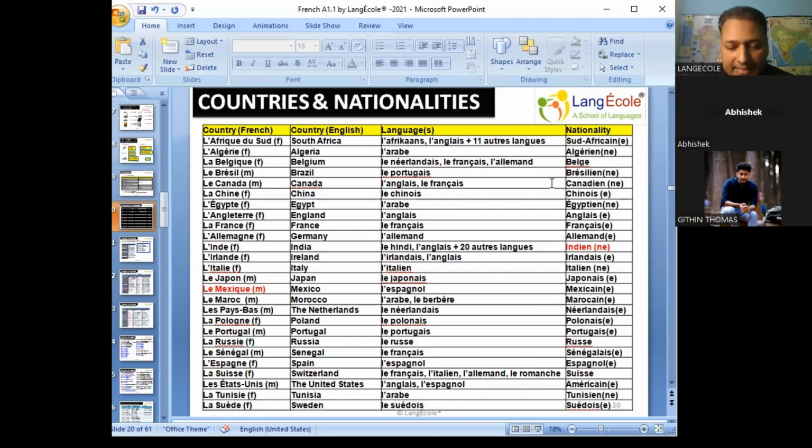Adjective. Yes, it tells the quality, it tells about the person, like the person is from where, person is of which origin, right? Nationality is an adjective, which tells about the noun, right? Or pronoun.